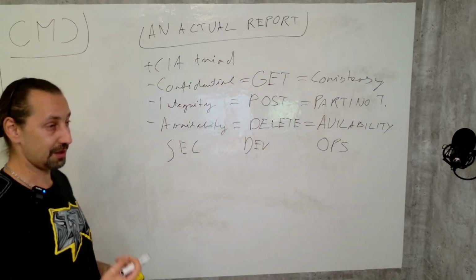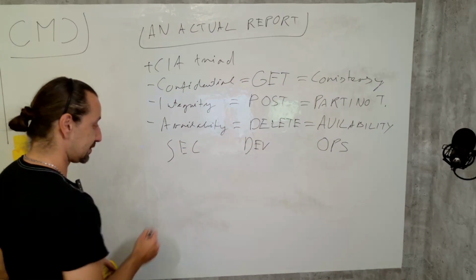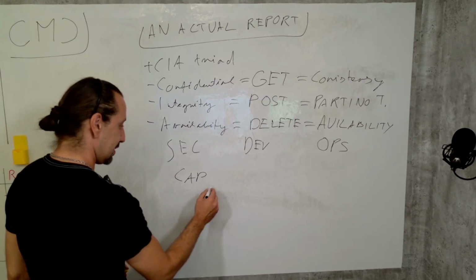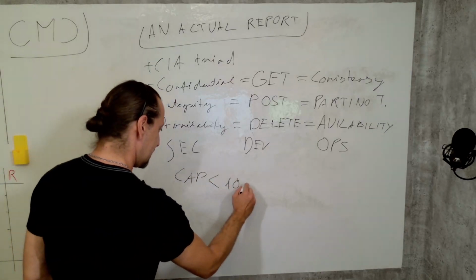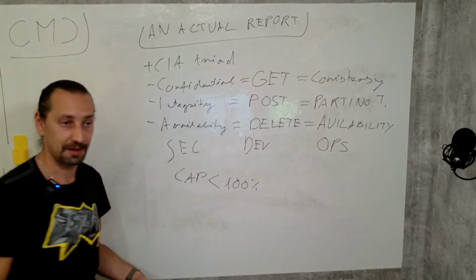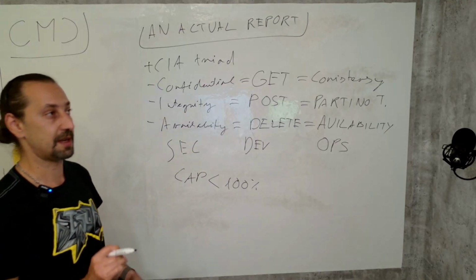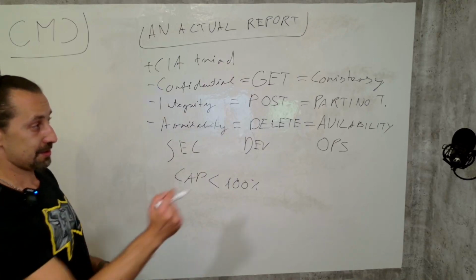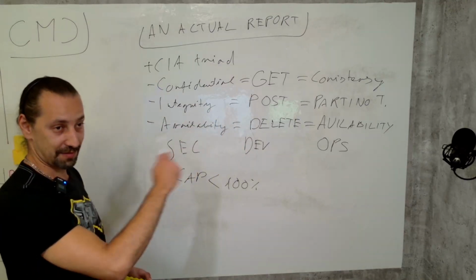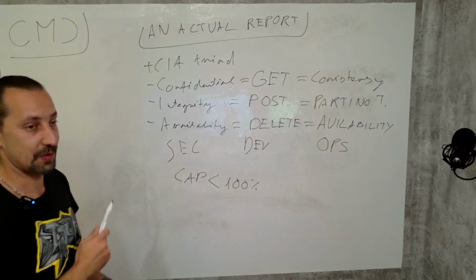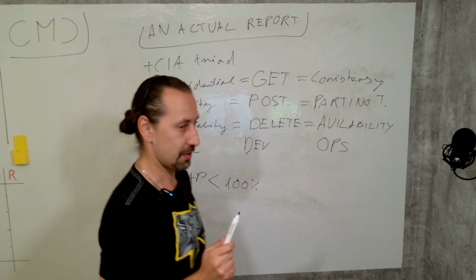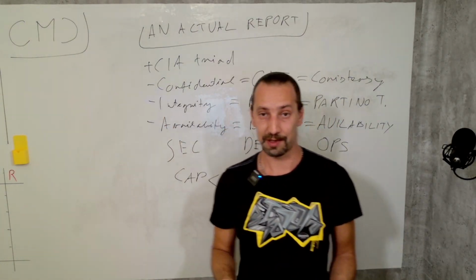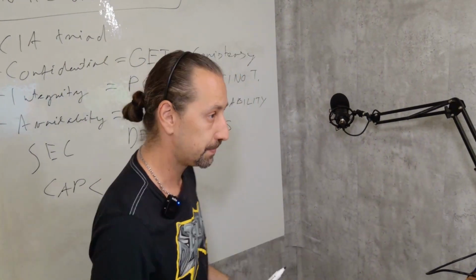But what we know about the CAP theorem is that it's mathematically proven it cannot be achieved 100%. So this means whatever you do, there will be a security issue in your organization, in your code, in your product. No matter what you do, there will be a security issue.